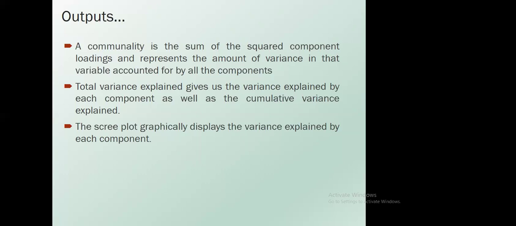Okay, so communality is one concept which also works on variation. It is the sum of squared component loading and it represents the amount of variance in that variable which is accounted for by all the components. So for each variable, suppose you have 40 variables, for each of the 40 variables you will have a separate value of communality.